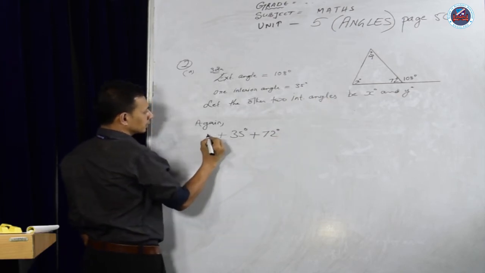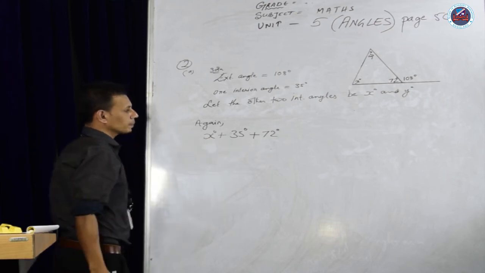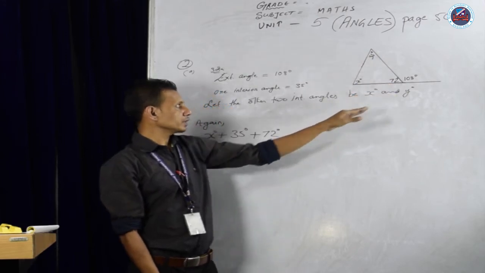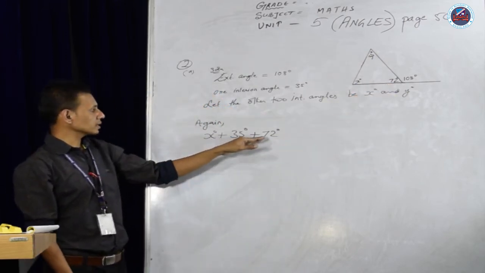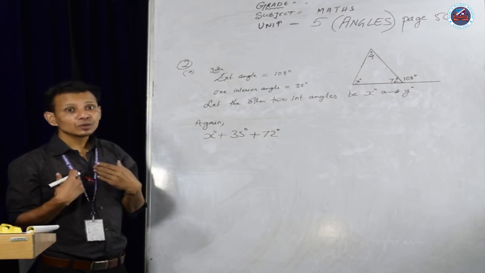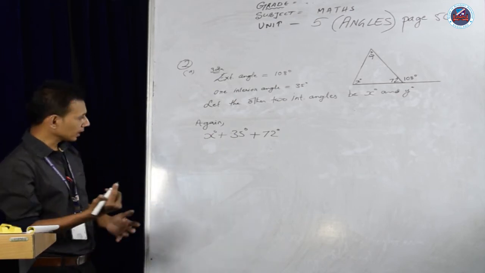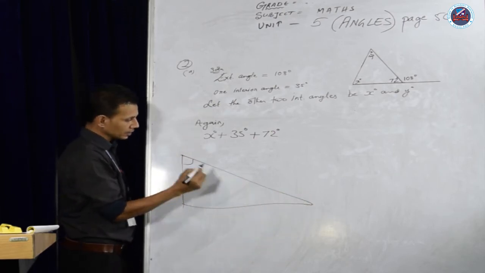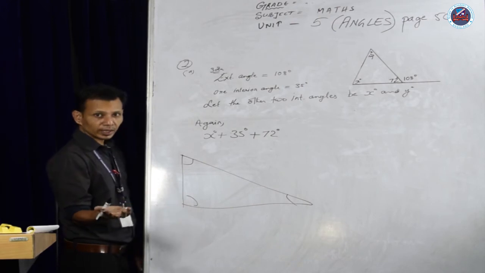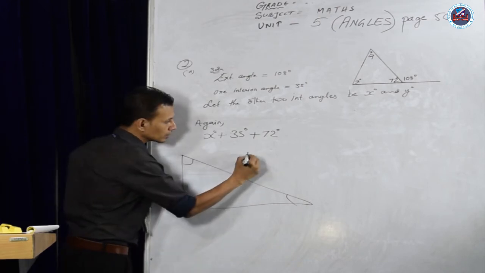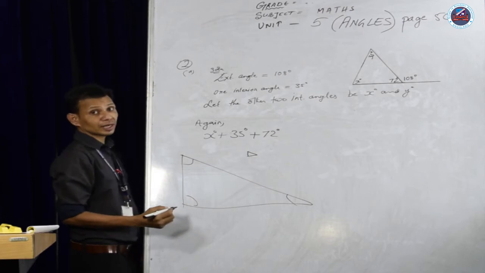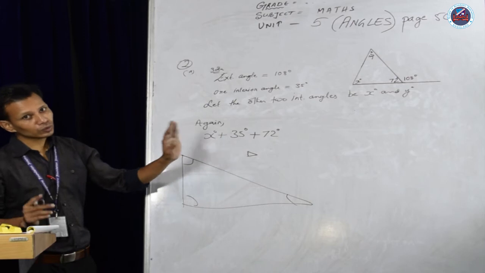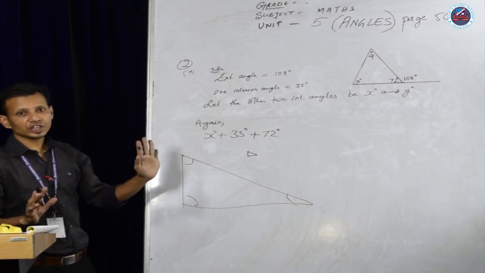I can write here: x plus 35 plus 72. What will I get? 180 degrees. In any triangle, let the triangle be so big, no matter, if you add this, you will get only 180 degrees. Let the triangle be so small, it's hard to see, right? But still, when you add the angles of the triangle, you will get 180 degrees. It will never change.